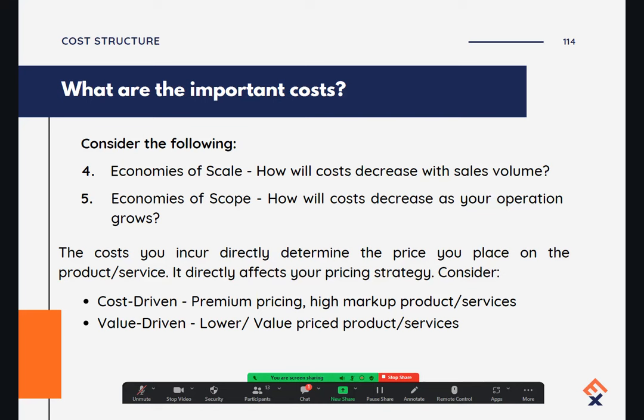Economies of scope, looking at how the cost will decrease as your operations grow as well. And this is where I go back to that happy balance, right? Yes, we want to grow, but it is costing us more to grow than actually being able to save and cut costs as we produce more units. These are some of the things that as entrepreneurs, we must keep in mind as we're building momentum in this way.